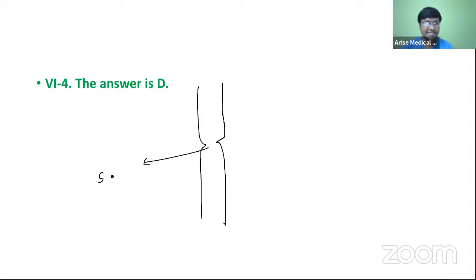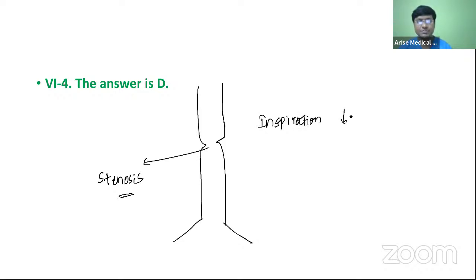So this is the stenosis component, right? Whenever there is stenosis in the subglottic area of the trachea, inspiration is reduced and expiration is also reduced.